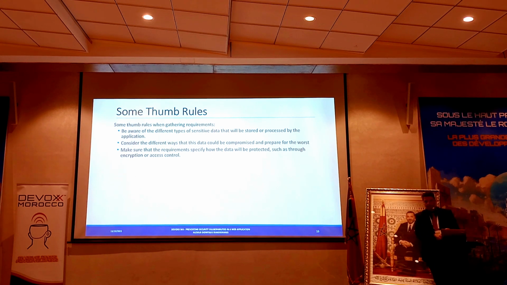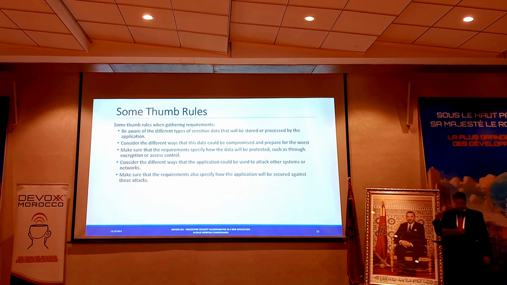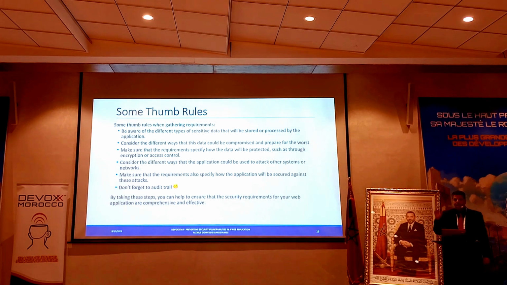Are they going to be encrypted? How are they going to be protected? And consider the different ways that the application could be used to attack other systems, because this may happen. Make sure that the requirements also specify how the application will be secured from all these attacks. And don't forget to audit training, which is something that I've seen a lot.